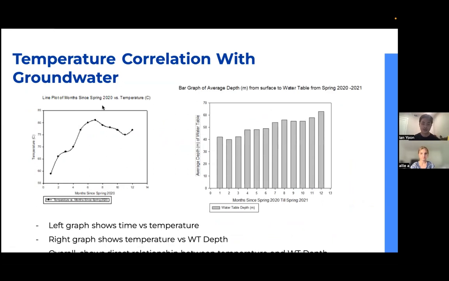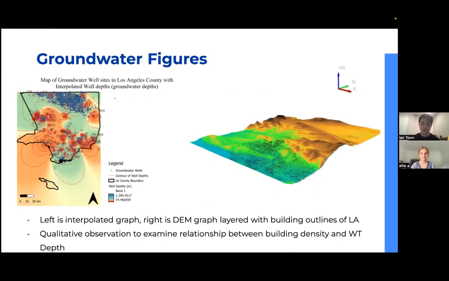And if you look at the temperature data, we can also relate it to the water table depth, and we can see that there is a positive relationship between all 4 variables. Positive correlation, I should say. And with that correlation, I mapped the water table depth onto a QGIS base map, and then interpolated it using IDW interpolation.